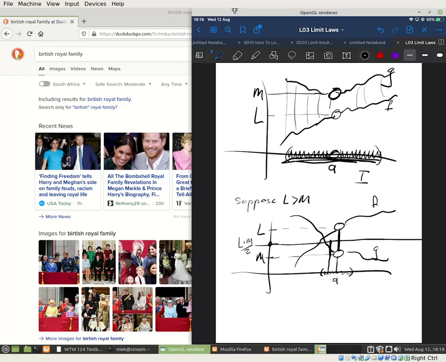So all the values here of g will be less than the average. And similarly, we can find an interval here using the definition of the limit, so that all the values of f here will be strictly above the average here.